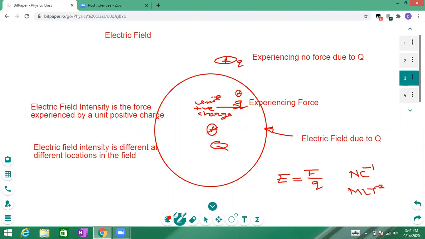The dimensional formula of Q can be written as AT, A for current. So it is Q inverse. MLT minus 2 Q inverse will be the dimensional formula of electric field intensity. So now onward, in place of electric field intensity, I shall use the term electric field.